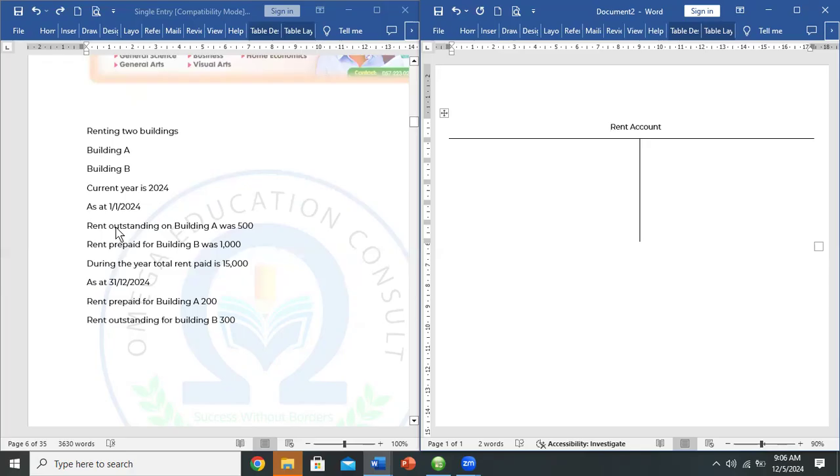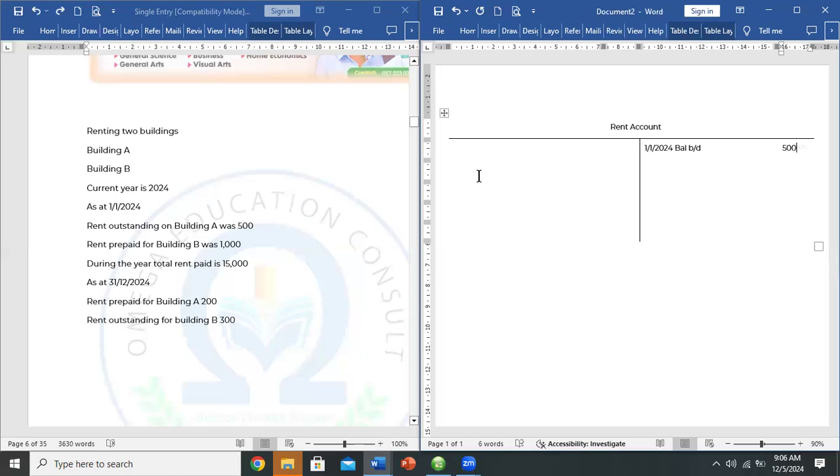Liabilities have credit balances. So we'll come to the credit side and show that on 1st January 2024, we had a balance brought down of 500 as an outstanding, a liability on rent.